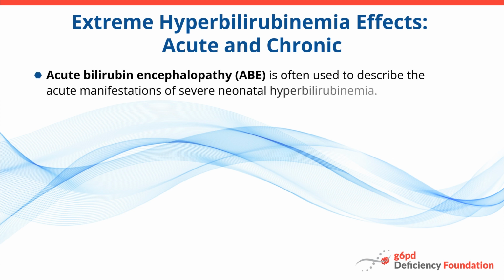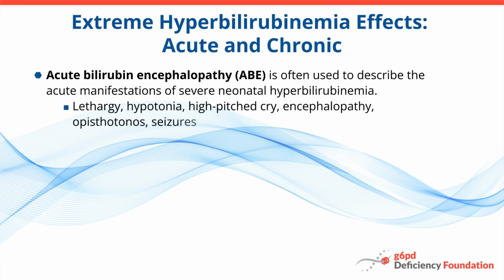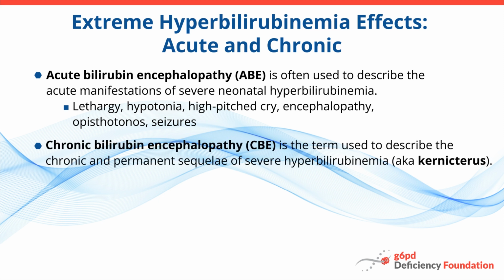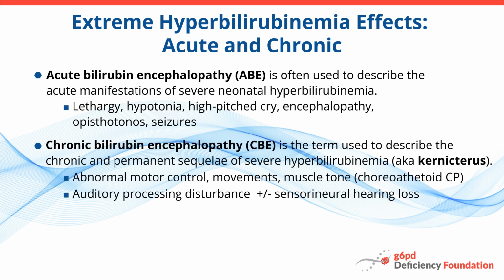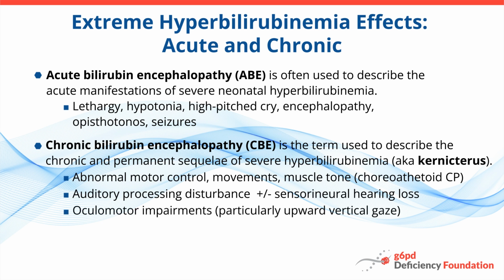When a neonate's bilirubin level meets the hyperbilirubinemia threshold, the potential exists that the infant will develop encephalopathy. The following 2 categories are used to describe development of encephalopathy due to hyperbilirubinemia. Acute bilirubin encephalopathy, or ABE, is the term used to describe clinical manifestations of severe hyperbilirubinemia, such as lethargy, hypotonia, high-pitched cry, and seizures.